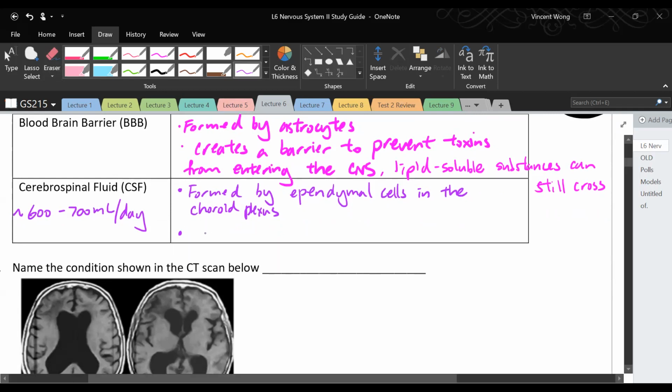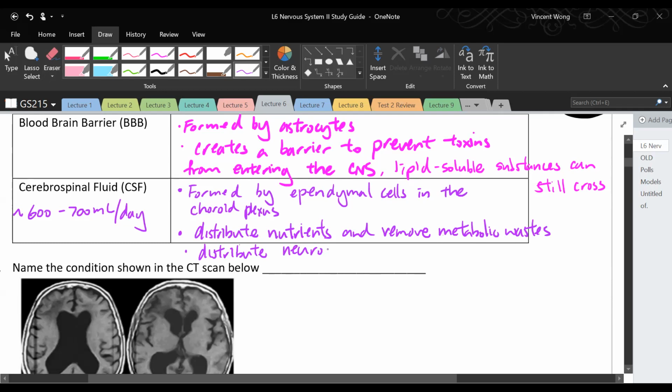What does the CSF do? Well, CSF creates buoyancy, as we mentioned earlier. It distributes nutrients and removes metabolic waste. It also helps distribute neurotransmitters.